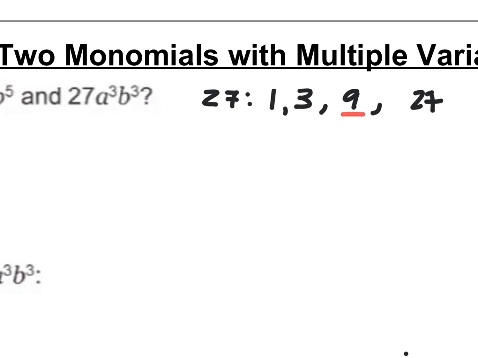But if I take 72, and I factor that, then I have 1 and 72. I've got 2 and 36. And then I'm sure that goes into 3 and 24, I believe.